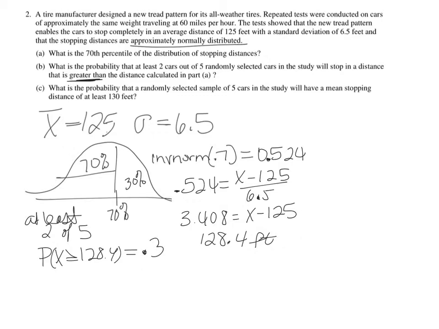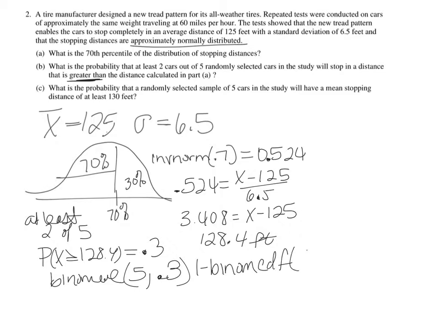And then at least 2 out of 5 cars is binomial, with 5 cars and a probability of 0.3. This is how we define the model. And to find that probability, we're going to do 1 minus binomcdf 5, 0.3, 1.